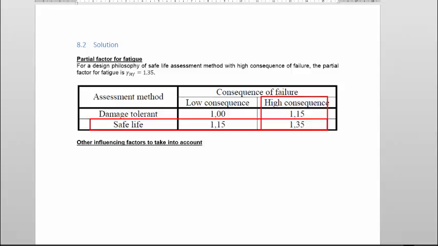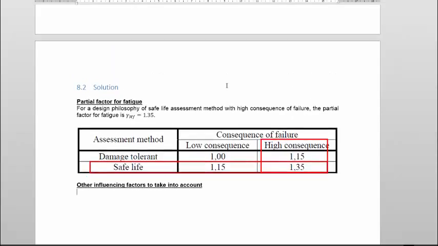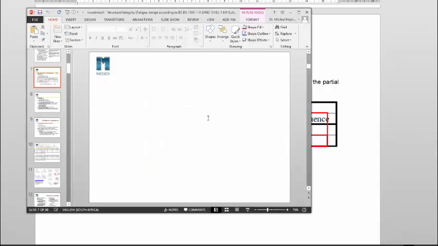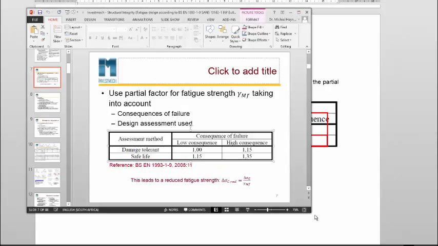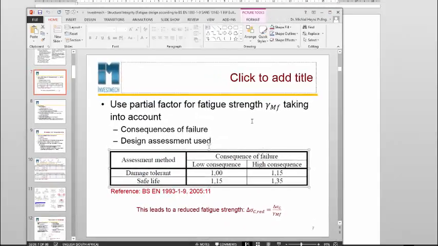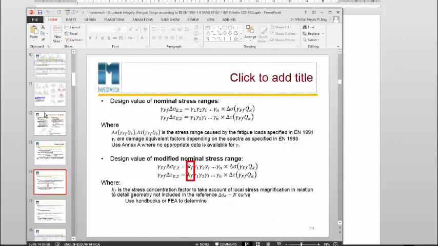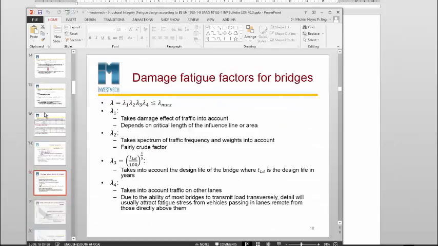However, in this case, they say that the specimen is operated at a temperature of 250 degrees Celsius. Now what I'm going to do is go back to my slides, and we are going to look for the benefit factor for temperature. So I'm going to page down and see when I get to the effect for temperature.